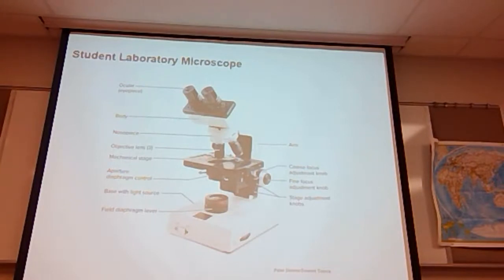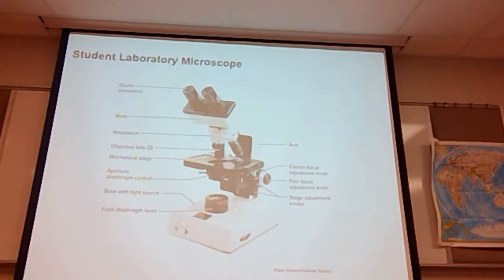The stage, this one just happens to have a mechanical stage. By mechanical stage, it has these two adjusting knobs over here that move the stage forward and backwards and left and right. The aperture diaphragm control opens and closes the iris in this structure called the diaphragm, which lets light from the light source come through.